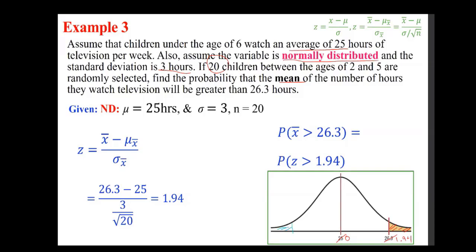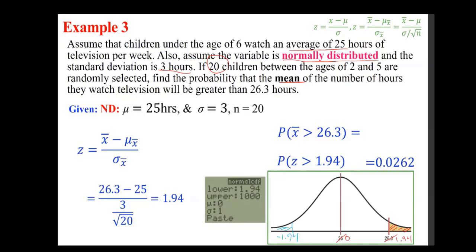This is z-score of -1.94. That is the fastest way. And that's 0.0262. So the probability that the mean of the number of hours they watch will be greater than 26.3 hours is about 2.62%.